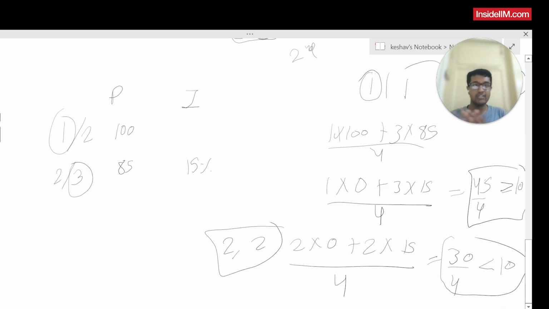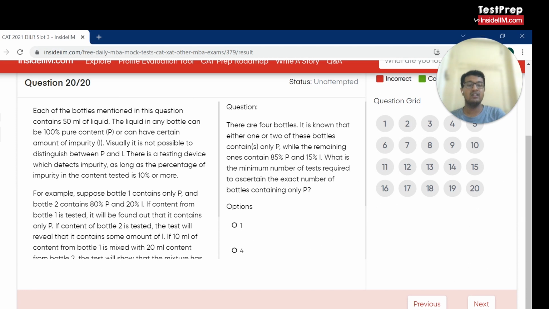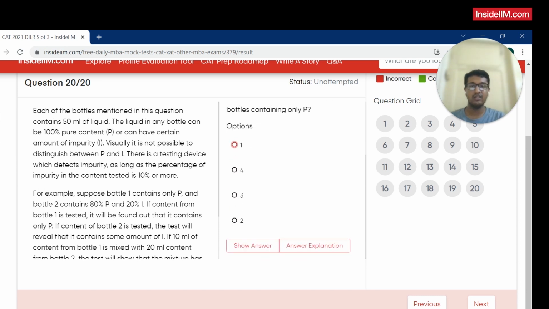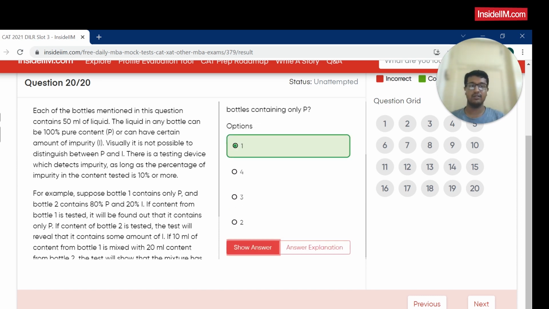So I will take an equal quantity from each bottle. If my test shows negative, I can say there was just one pure bottle, and if my test shows positive, I can say there were two pure bottles and two mixture bottles. So I need just one test, and it was clear from that one test. So my answer is 1 over here.